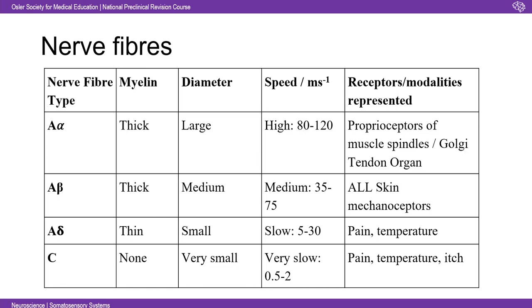You'll have covered in your basic neuroscience why, in terms of the length constant and the time constant and things like that. They tend to carry impulses from your proprioceptors. Things like your reflexes have to be really fast, so that makes sense evolutionarily. Whereas your small fibers, which tend to not be myelinated, and as the name suggests are very small, are quite slow, and they tend to carry pain and temperature.